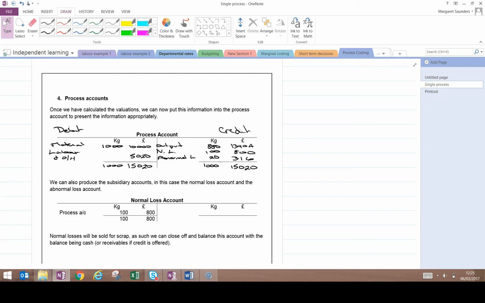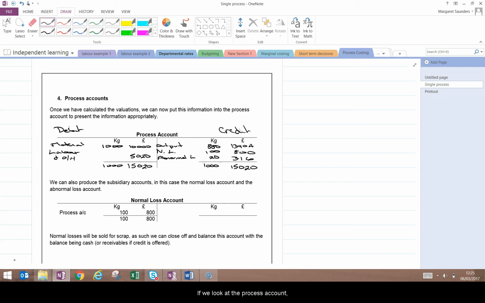What you will know is that the process account is a T account, and as such there should be double entry. So every entry that is in the process account, there will be a corresponding entry in another account. The only accounts that you need to worry about with regard to double entry is the losses.